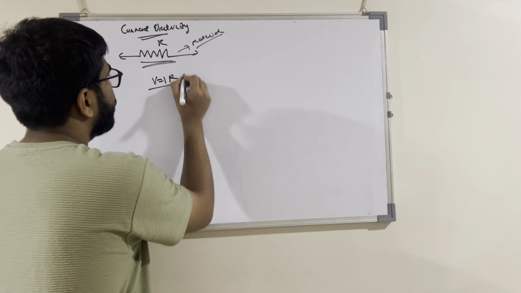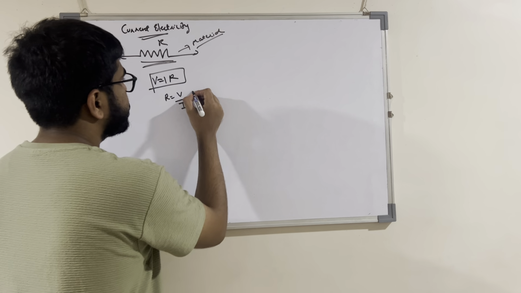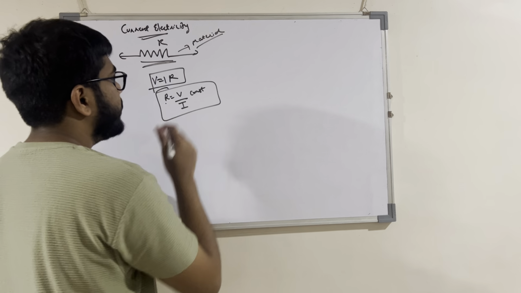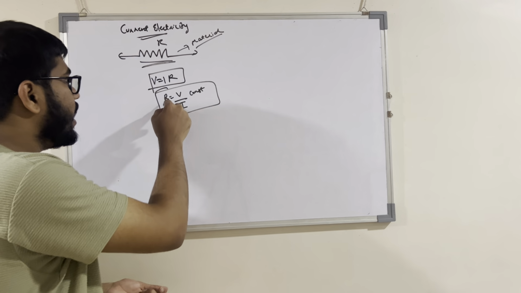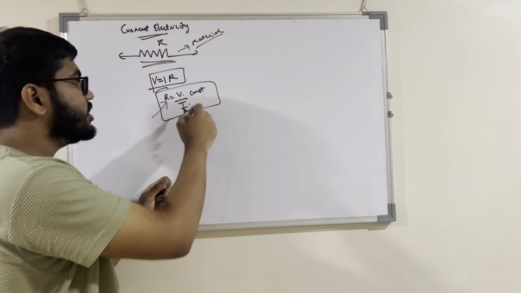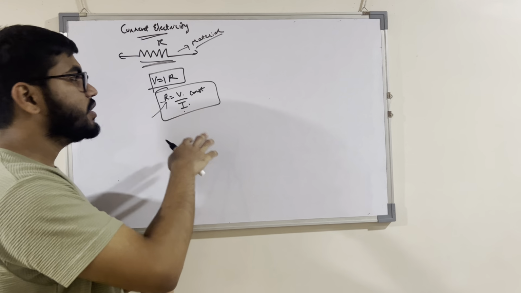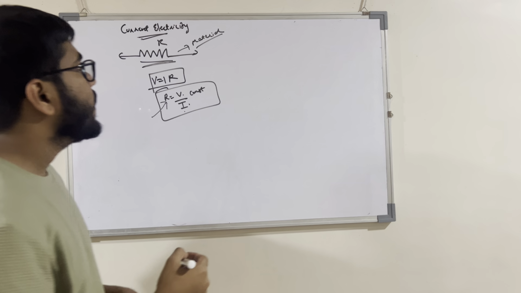This is the famous Ohm's law. What does it mean? R is equal to V by I, it is constant. So again, this question appears in NEET. R will depend on the material. If you change voltage, current will change. If you change current, voltage difference will change, but the resistance will be constant because it is dependent on the material. So resistance is also clear.